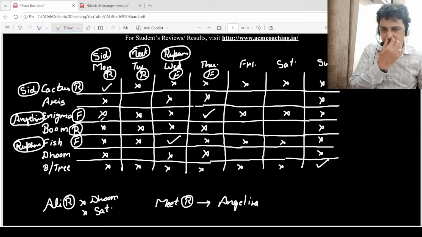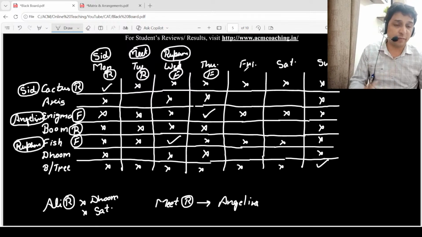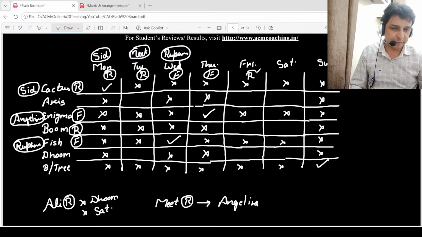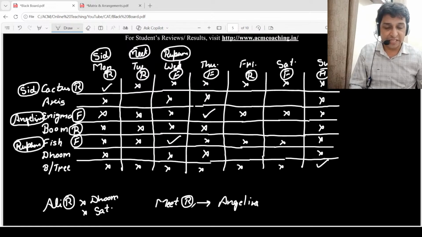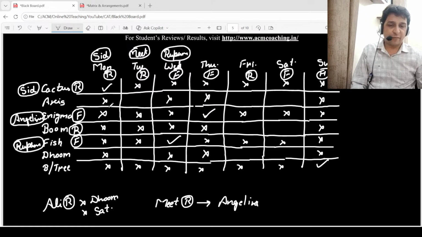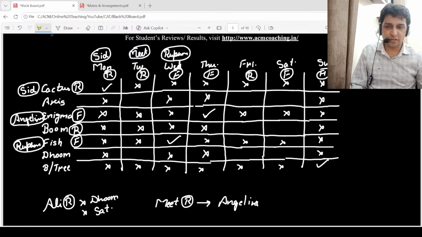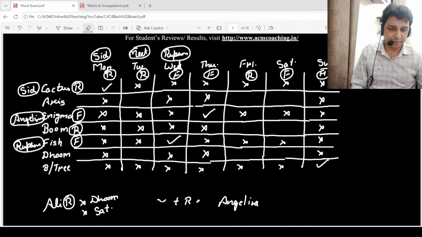Friday cannot be fusion, it has to be a rock band. And Saturday has to be fusion again, because Sunday is the home band, Bodhi Tree. So Meet, a rock band before Angelina, this information has been used. I'm rubbing it out, as we always try to remove all the distractions before we answer.